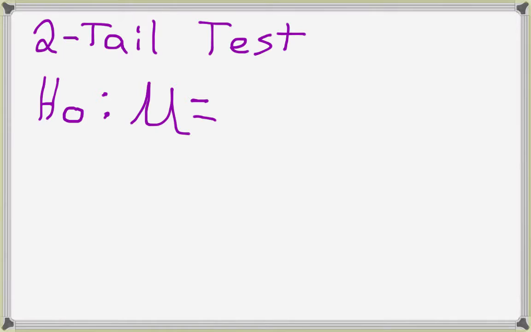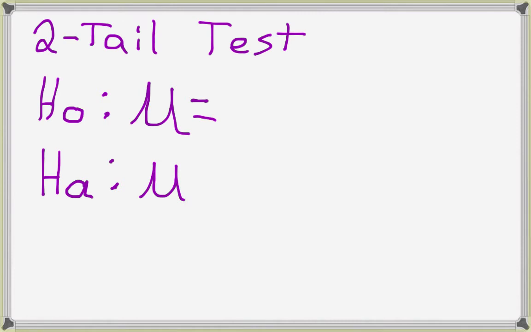So your null is always going to be your population parameter. In this case, we're talking about mean, so we're going to use mu. The alternative, if it is a two-tail test, then you're just going to write not equal to. We don't know if it's higher or lower. We're just going to say it's not equal to that.